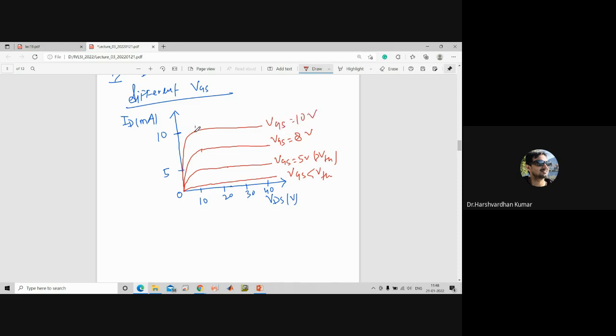So for this region, the drain current ID is increasing with respect to the drain to source voltage. However, for this region, what is happening?